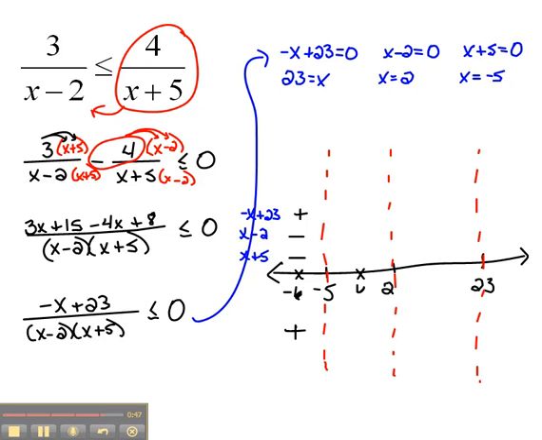In this section we can use 0 to test. 0 plus 5 would be positive. 0 minus 2 would be negative. And negative 0 plus 23 would be positive. So again, we would have a negative times a positive would be a negative, and then a positive divided by a negative would be negative.